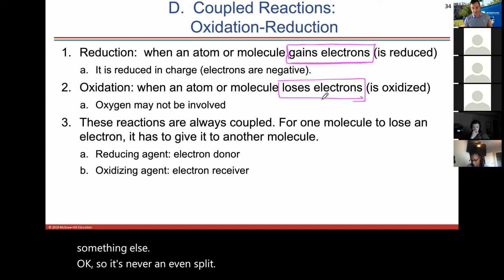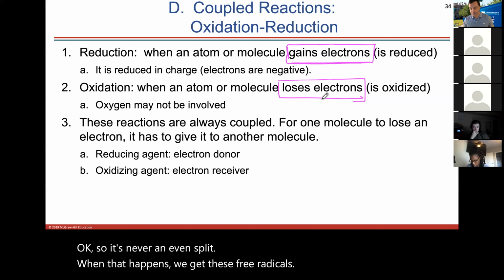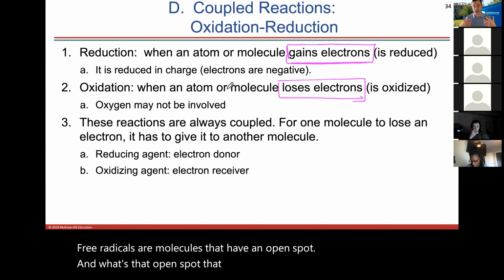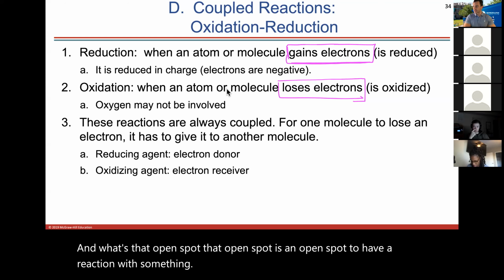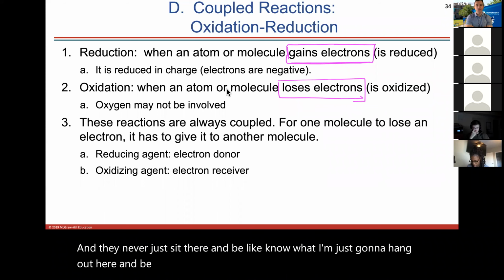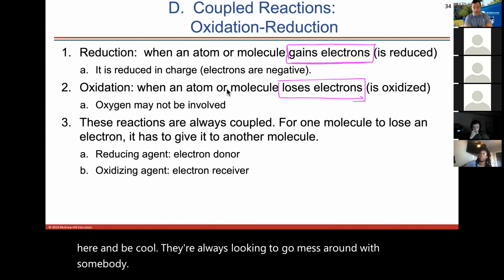When that happens, we get these free radicals, right? Free radicals are molecules that have an open spot. And what's that open spot? That open spot is an open spot to have a reaction with something. And they never just sit there and say, you know what, I'm just going to hang out here and be cool. They're always looking to go mess around with somebody because they have an open slot.